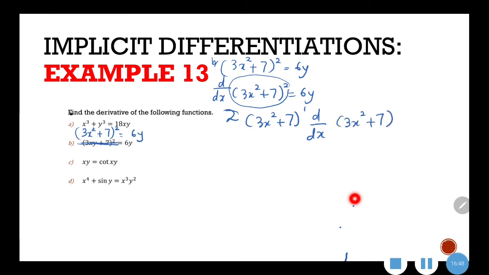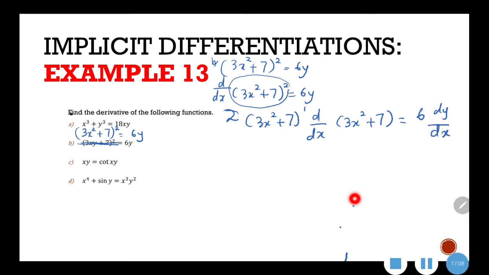And then for this part here, differentiate 6y, you will get 6 dy dx.